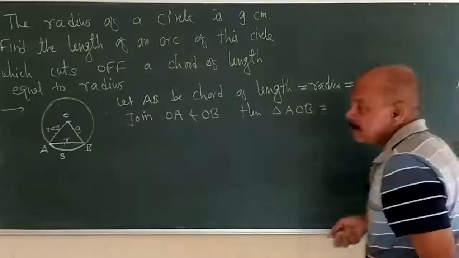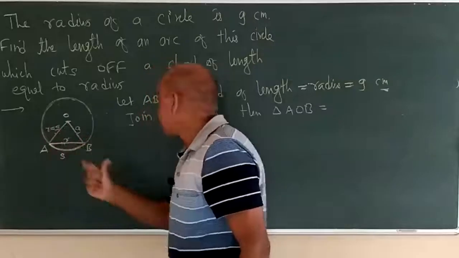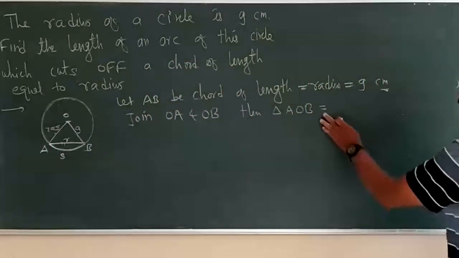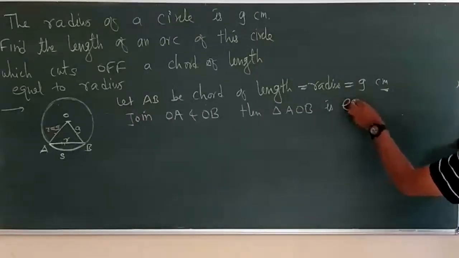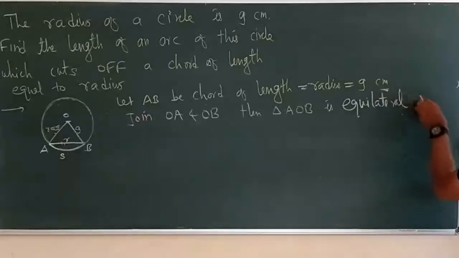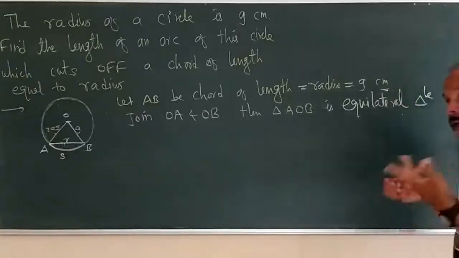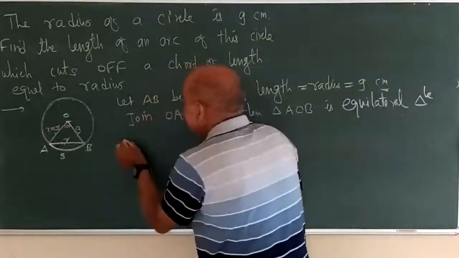See in the figure, OA is radius 9, OB is also radius, and AB is also 9, and therefore OAB is an equilateral triangle. Which type of triangle? Equilateral triangle.